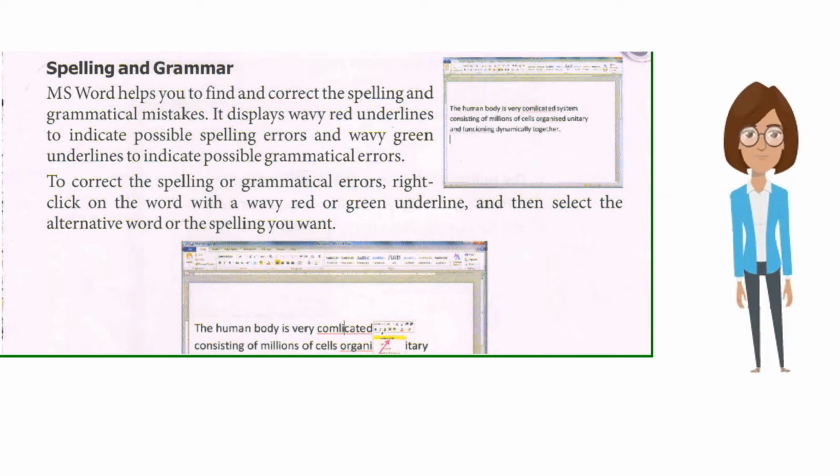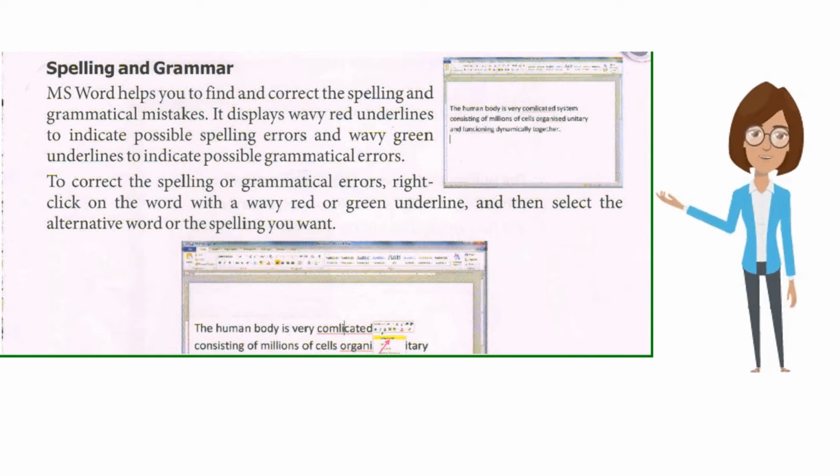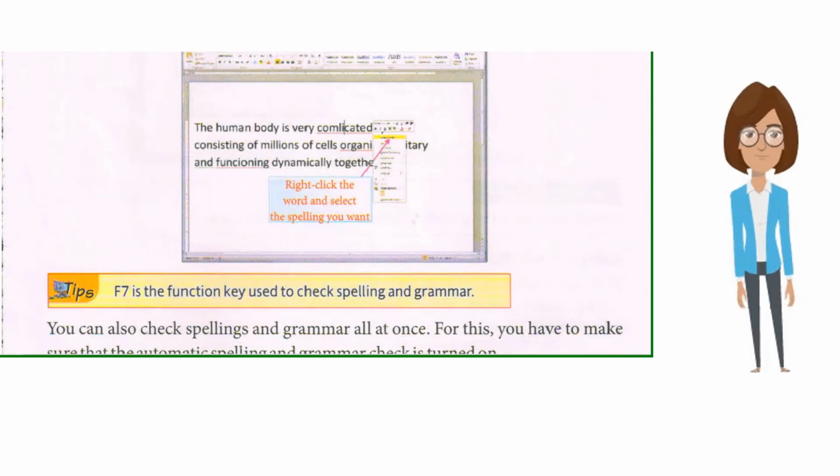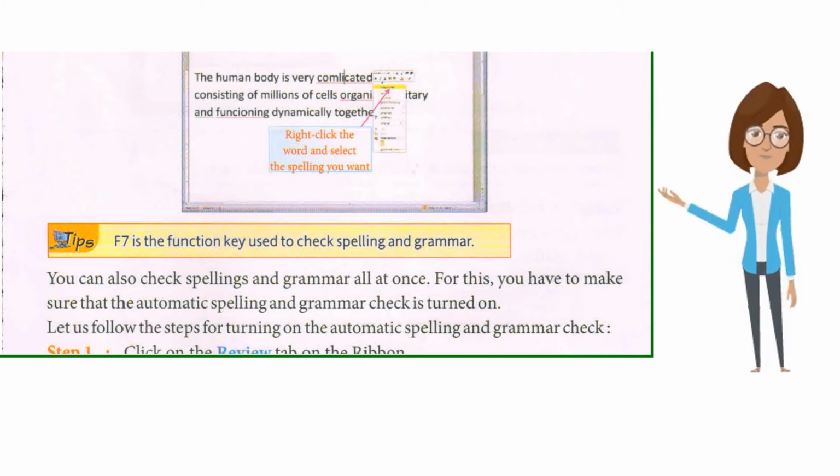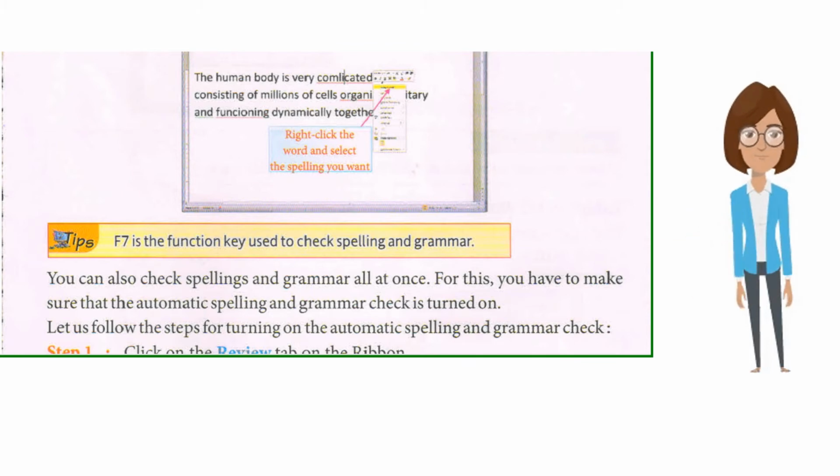To correct the spelling or grammatical errors, right click on the word with a red or green underline and then select the alternative word or the spelling you want. Red underline, right click the word and select the spelling you want.